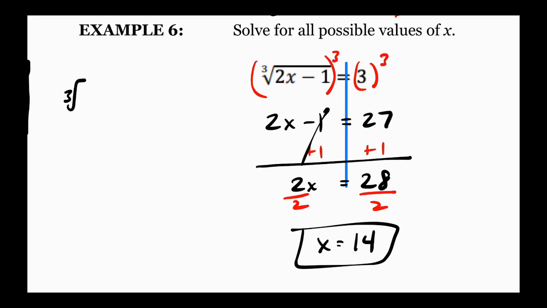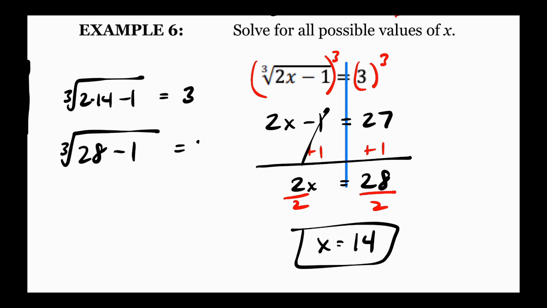Last thing I want to do is double check to make sure it is a verified solution. So let's see, 2 times 14 minus 1, and then I have 3 on the other side. Okay. So the cube root of 28 minus 1, that's the same thing as the cube root of 27.